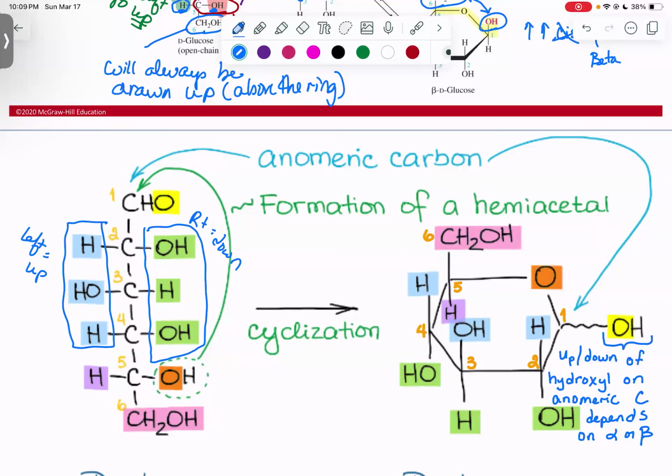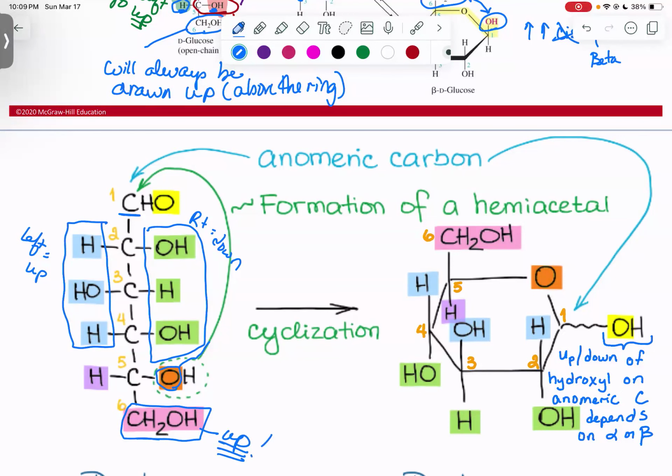We don't worry about what's going to be up and what's going to be down, because the oxygen here is going to make a bond, and that's this green line, with the carbon all the way up here. So you're not really going to have a hydroxyl to worry about there. But you will have this hydroxyl that you're going to have to worry about. So we'll get to that in just a second. So when you get to carbon number 5, you need to worry about making sure that this goes up.